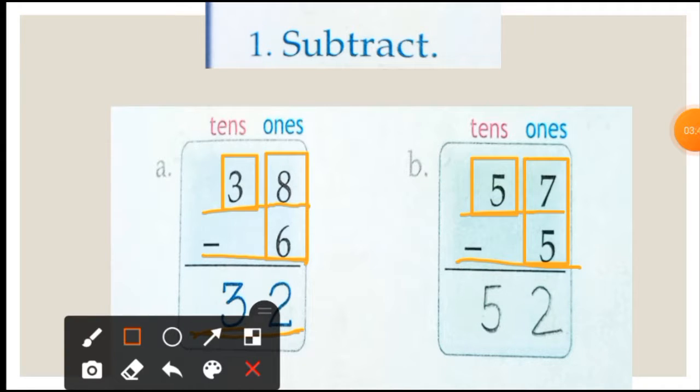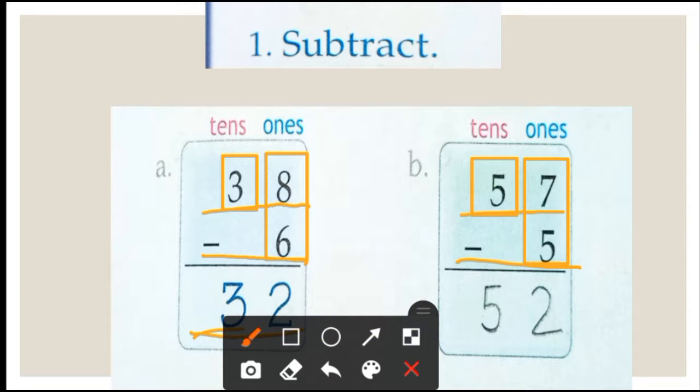Now we will subtract our ones part. Students, I told you, we will start our question with ones. So here we will first subtract our ones digits. For this question we will draw 7 lines. 1, 2, 3, 4, 5, 6 and 7.